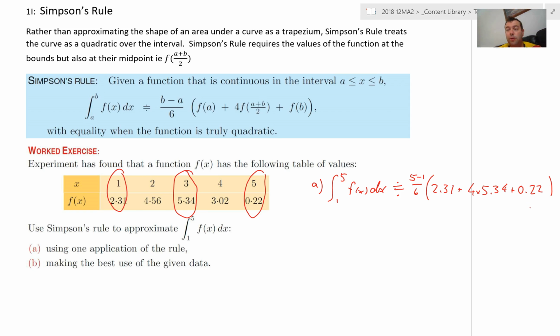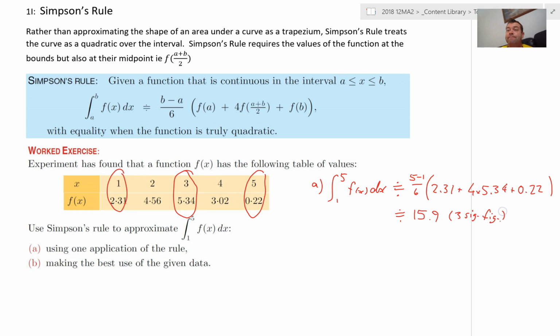It's approximately equal to that. If I evaluate that, and here's one I prepared earlier, 15.9. That's rounded, 15.9, to 3 significant figures.